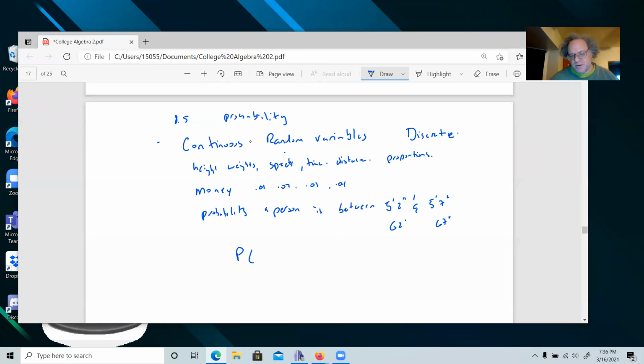We would write the probability that x is between 62 and 67. Now, one of the things I get asked is, what's the area under the curve for a single point? Right? It's 0. So does it really, numerically, matter if I put those in or not? It really doesn't matter.